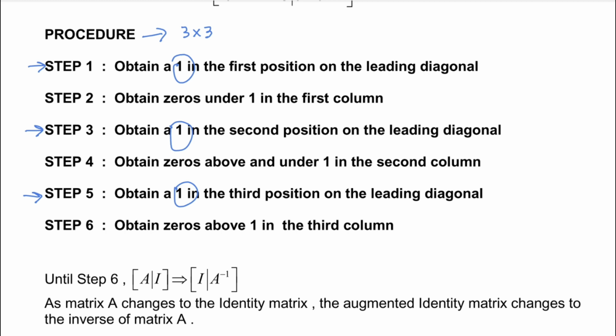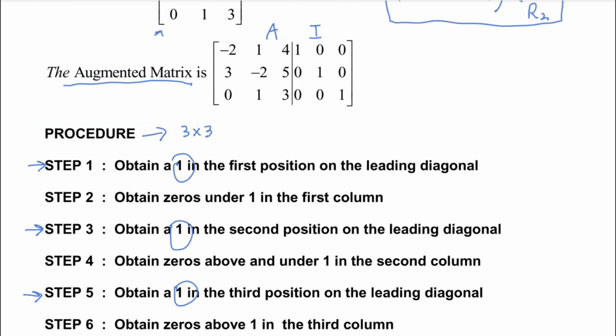For example, in this particular example, here is for step 1, here is for step 3, and here is for step 5. Understand? All the elements that I circled are the ones where you need to obtain 1.